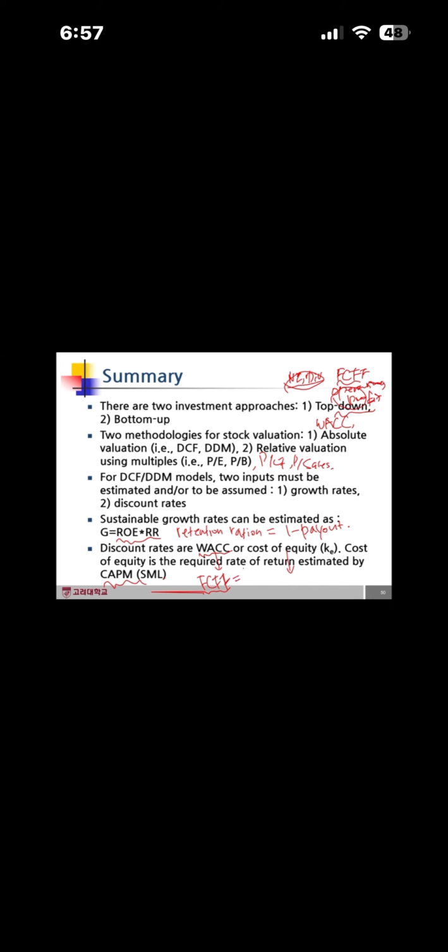So the free cash flow to the firm is net operating profit after tax, that is, operating profit, the earnings before interest and taxes, times 1 minus t, plus some non-cash expenses such as depreciation and amortization, and you have to adjust for the increase in net working capital.